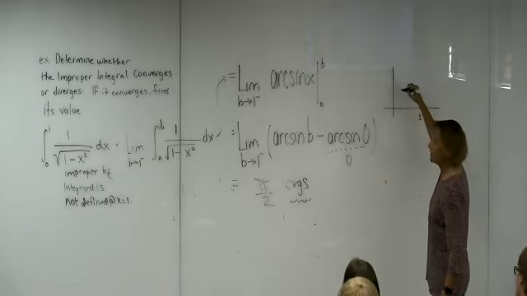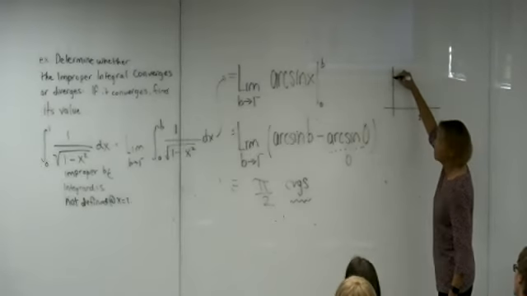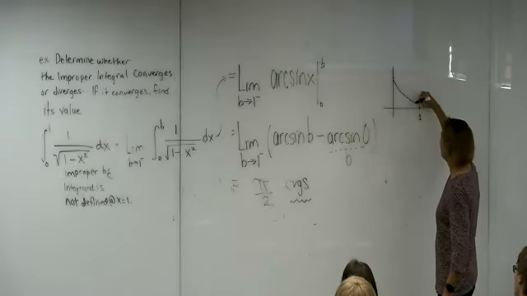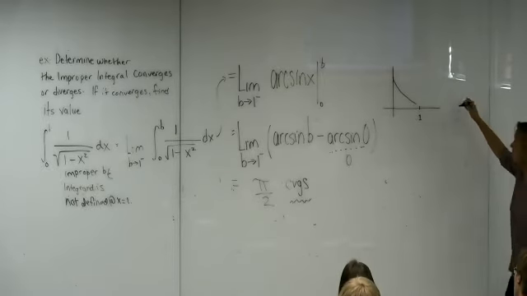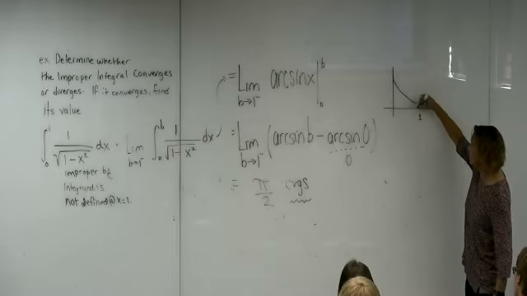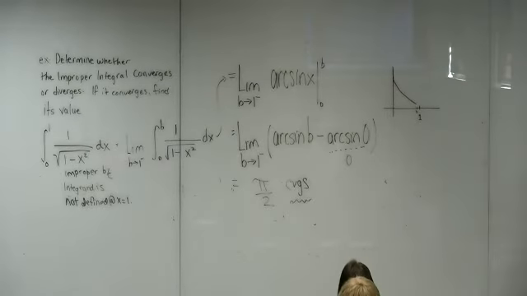And then it's not defined anywhere beyond that. It's going to be decreasing, and you guys told me there's not any value beyond here. As it approaches 1, the graph increases.